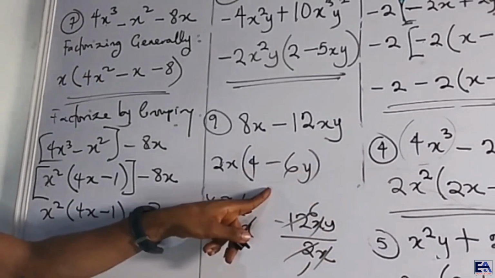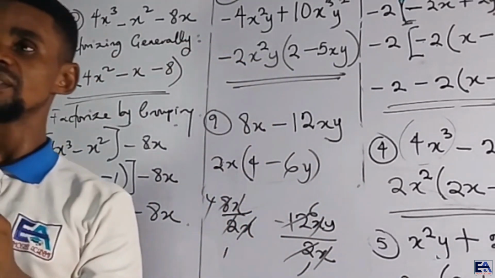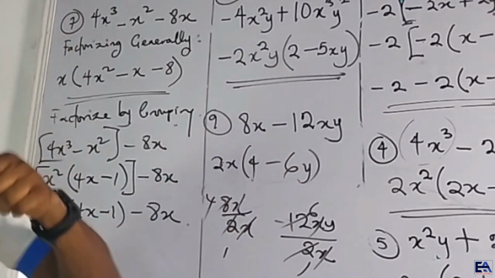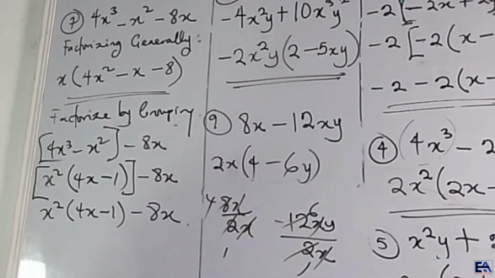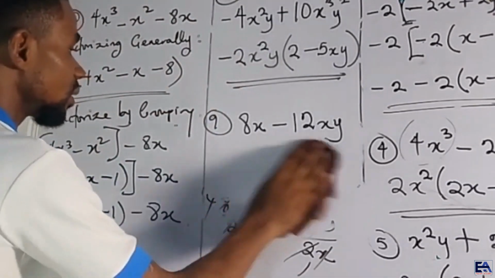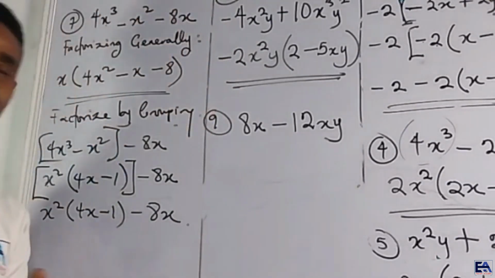But this cannot be the final answer because even the bracket still contains 2 terms that have a common factor, because 2 can go in 4 and 2 can still go in 6. It is not proper to have a result in which the bracket still contains common factors.